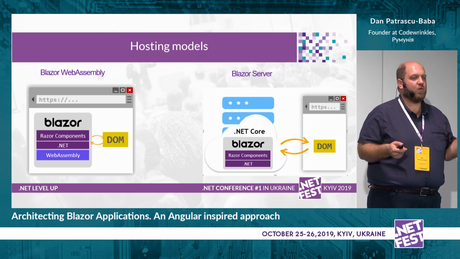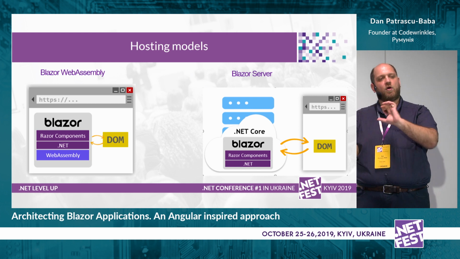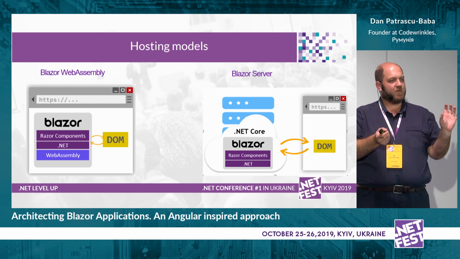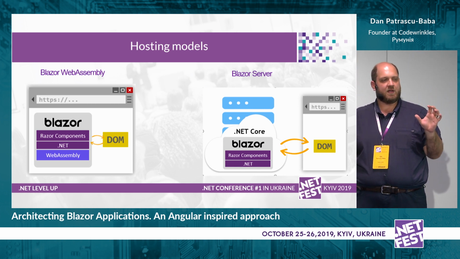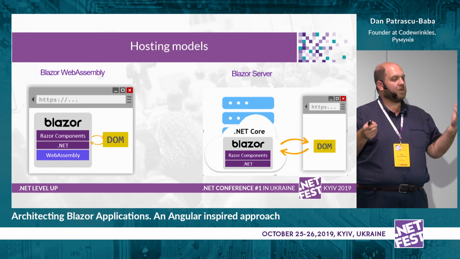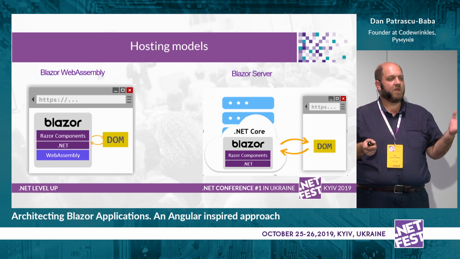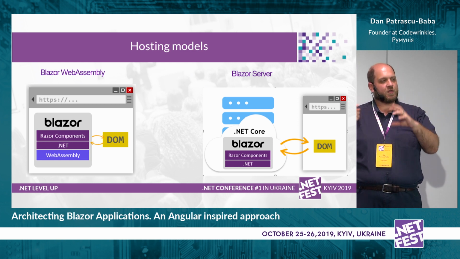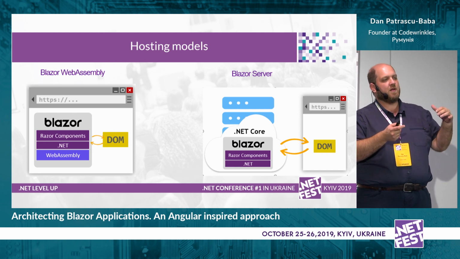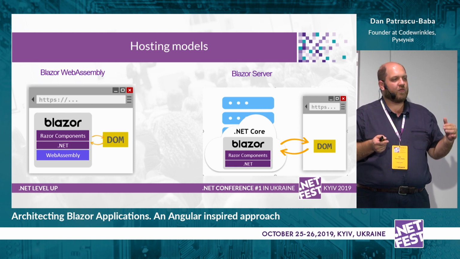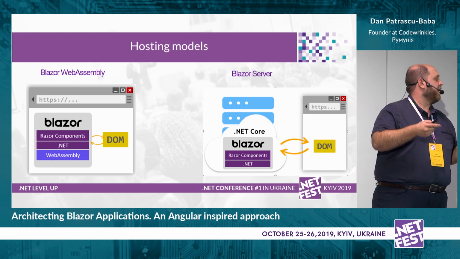This is the case where you ship all your DLLs to the browser, including the mono runtime. And that mono runtime translates all your DLLs or your code to WebAssembly. So in this case, all your code is already in the browser when the application is running. Of course, this has some great advantages.